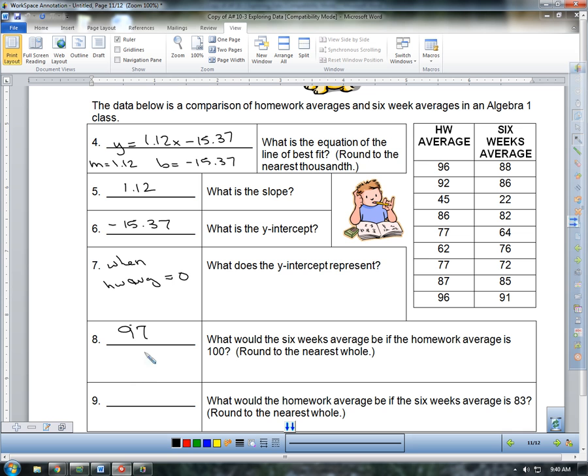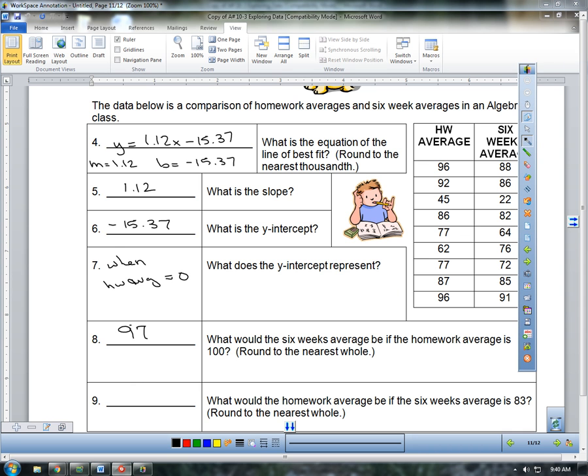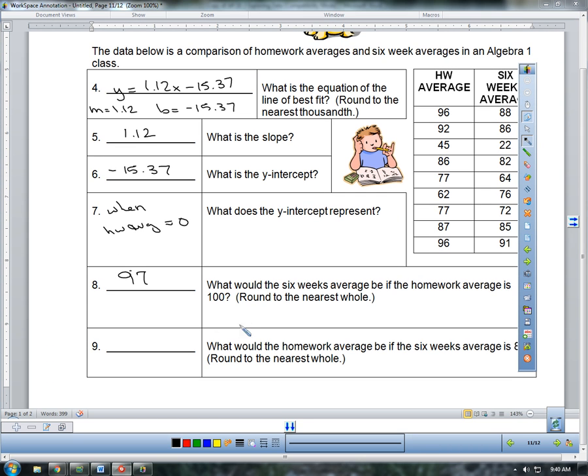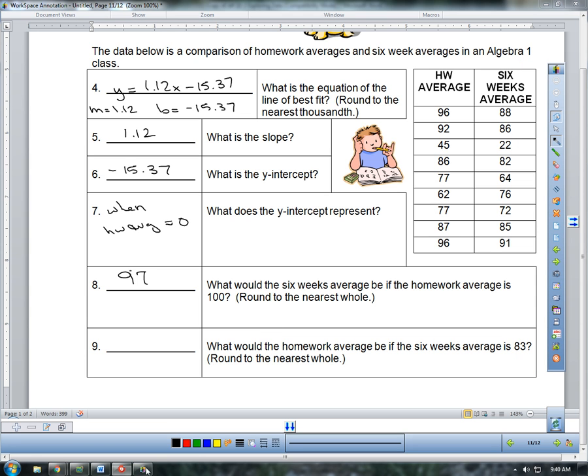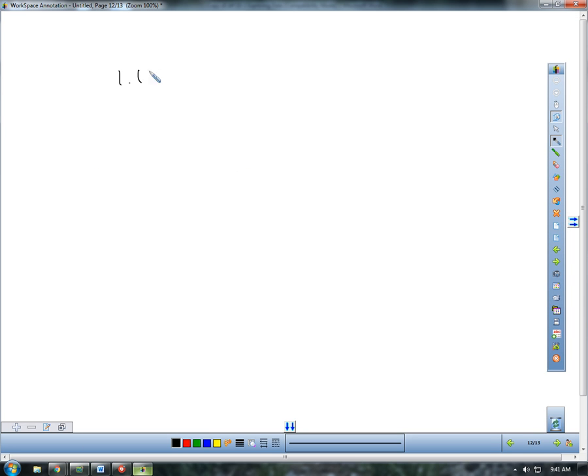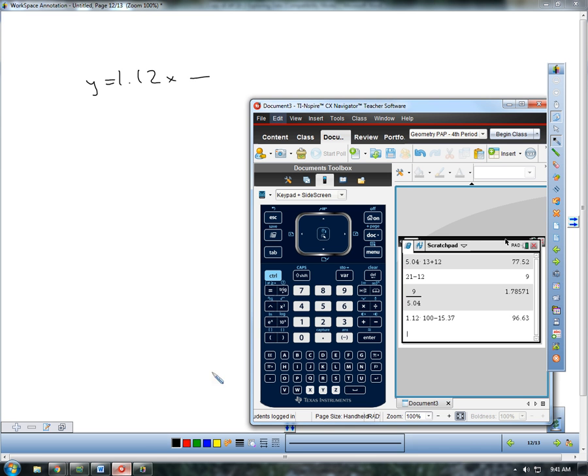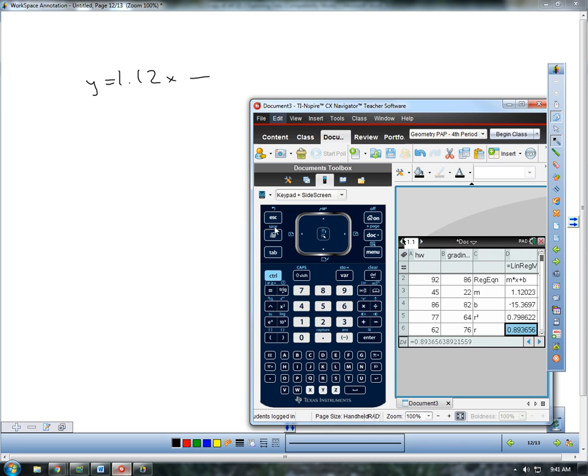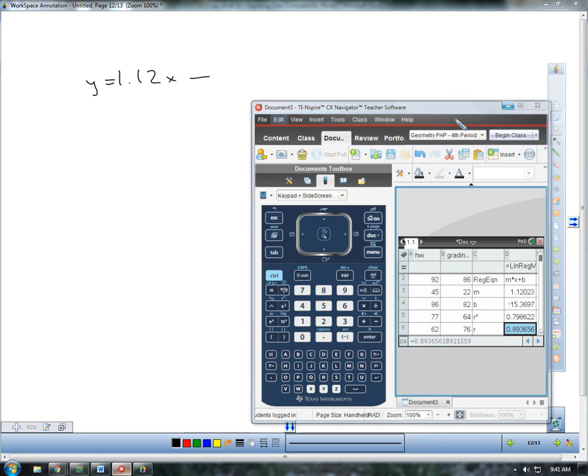Okay? And down here, it says what would the homework average be if the 6 weeks average is 83? Okay, so give it some space. 1.12x minus y equals negative 15.37, okay.